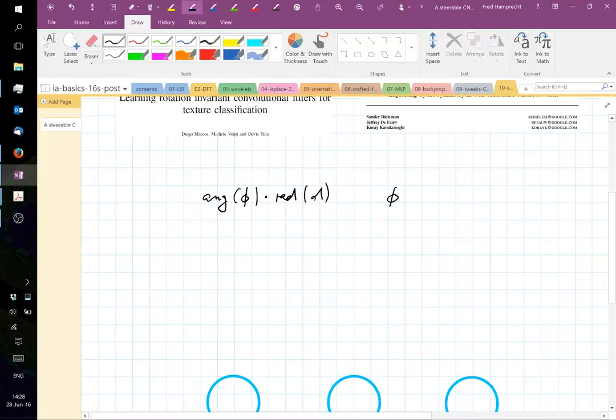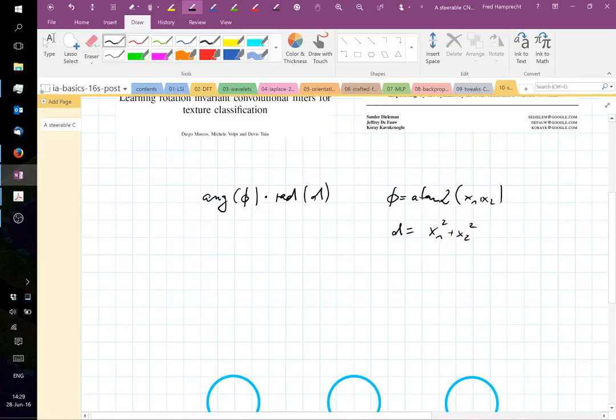Here phi is the arctangent. I'm using the atan2 function, which converts two coordinates x1 and x2 into an angle. And d I parameterize as a squared Euclidean distance.